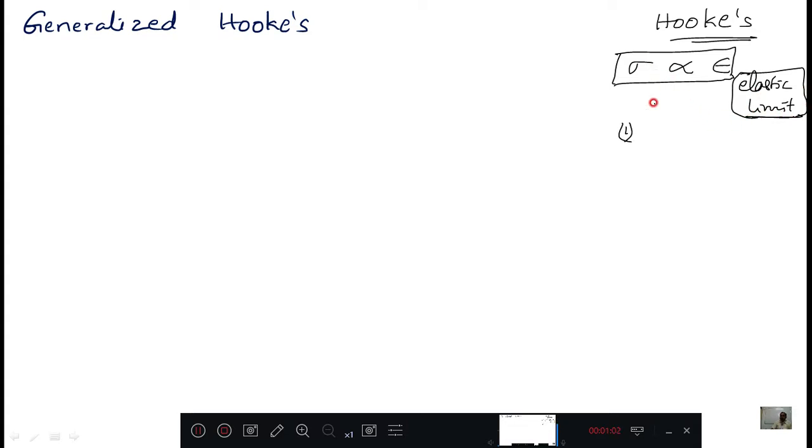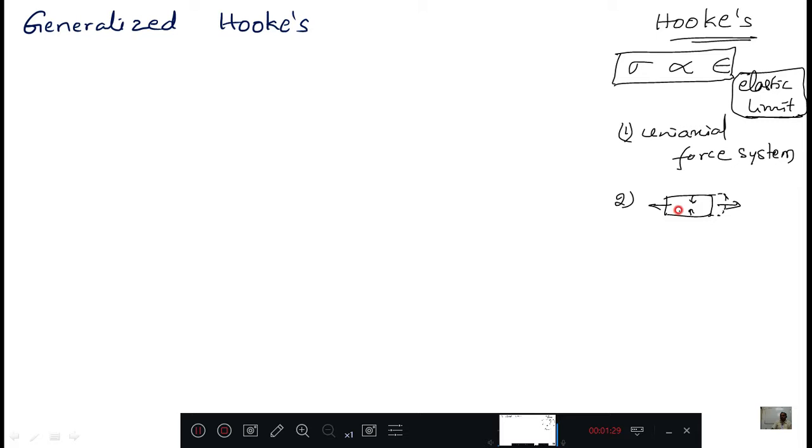The second thing is that this is applicable only for a uniaxial force system. When a body is pulled in this direction, it will elongate its length in this direction. But Hooke ignored the lateral contraction.